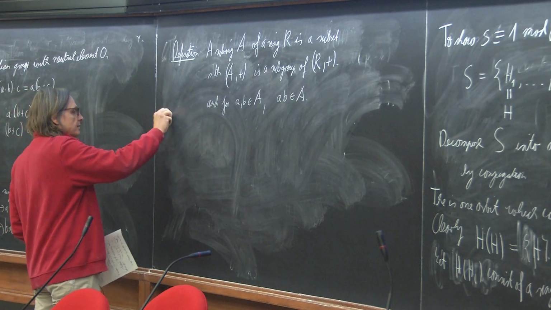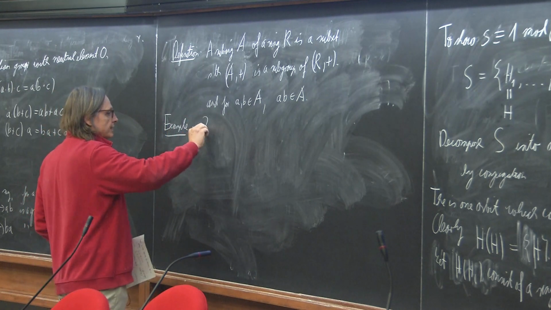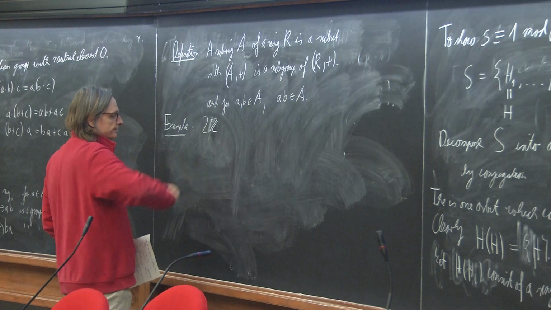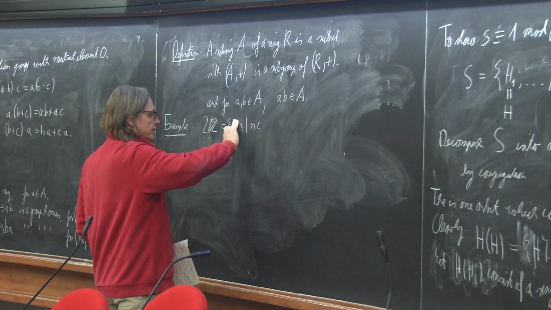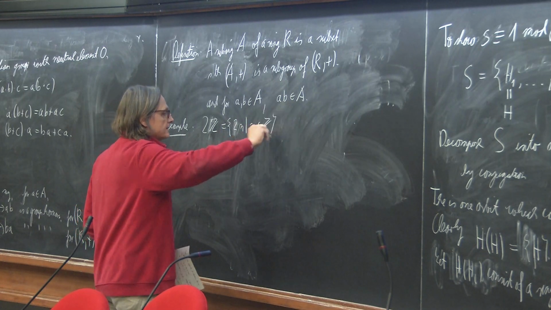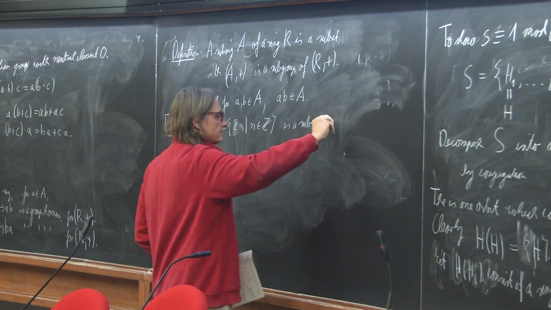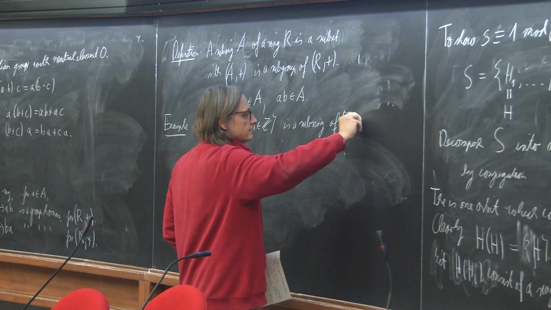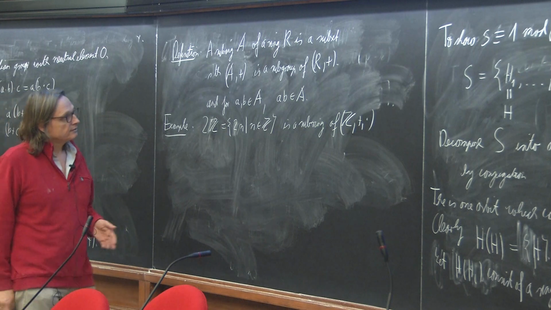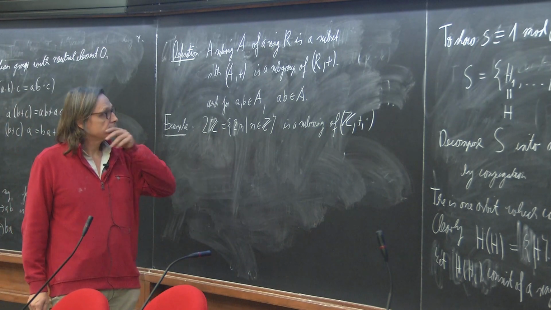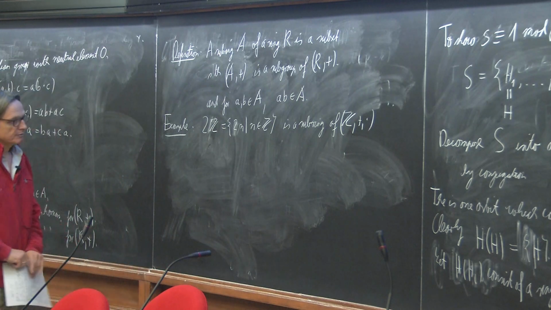So a stupid example would be if I take 2Z, the set of all 2n with n in Z. This is a subring of Z, because if I add two even numbers, I get an even number. Anyway, we already knew it's a subgroup with addition. And if I multiply two even numbers, the number will also be even.